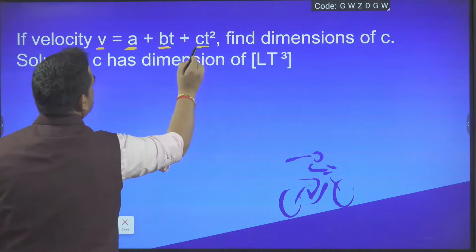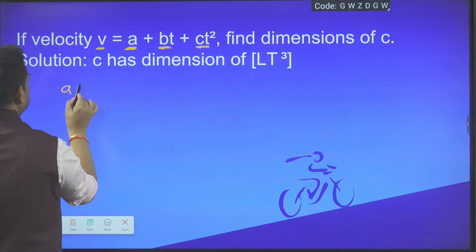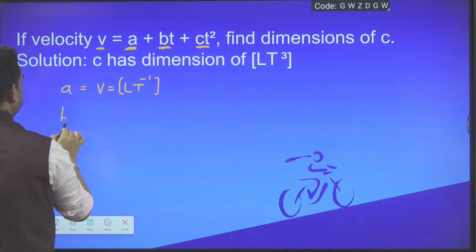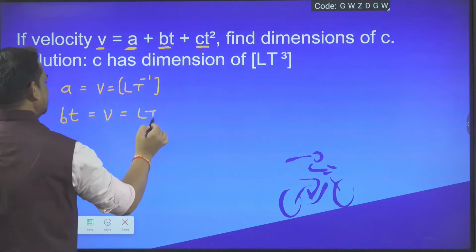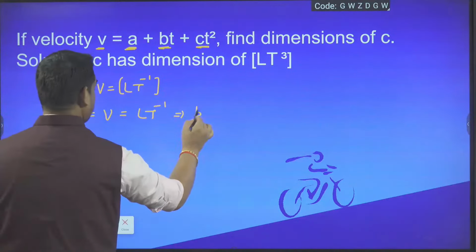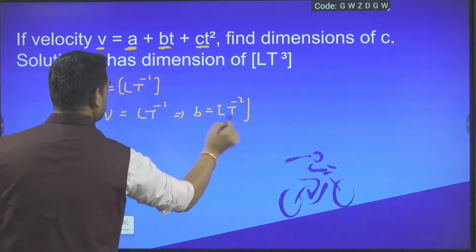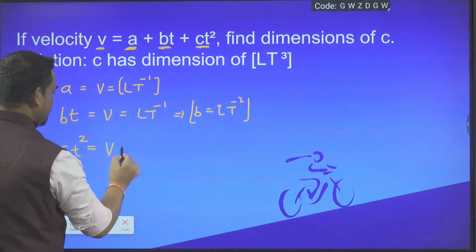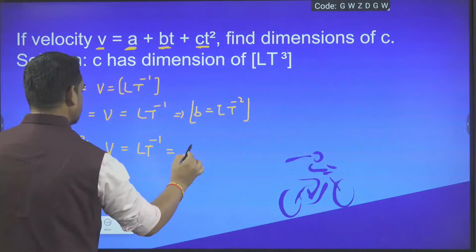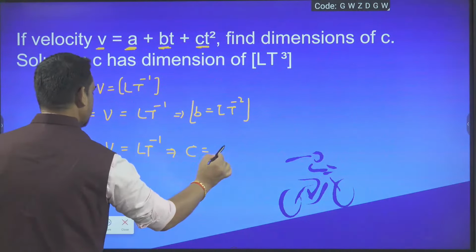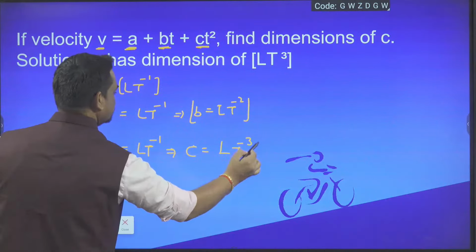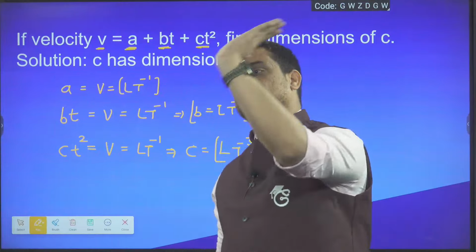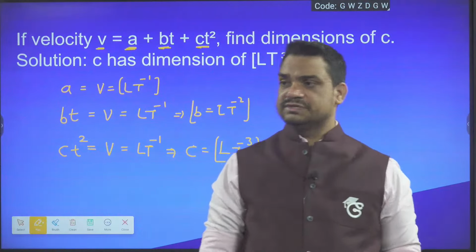So a should be velocity, which is LT⁻¹. bt also should be velocity, LT⁻¹, so b is LT⁻². And ct² should also be LT⁻¹, so c becomes LT⁻³. From the principle of homogeneity, if this side is velocity, that side also must be velocity. Can we solve questions like this?